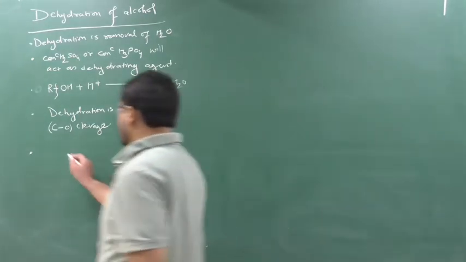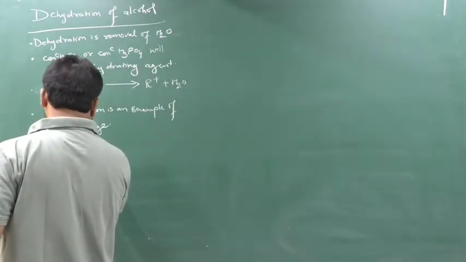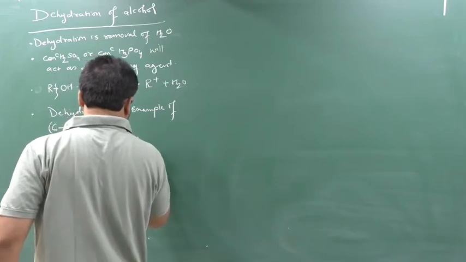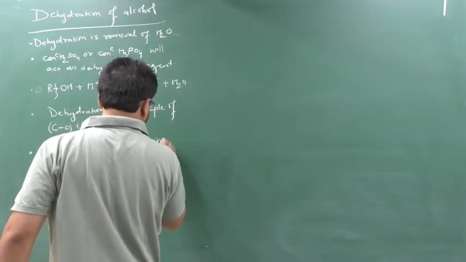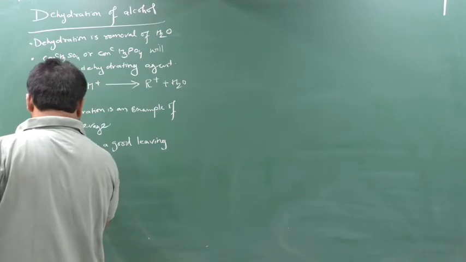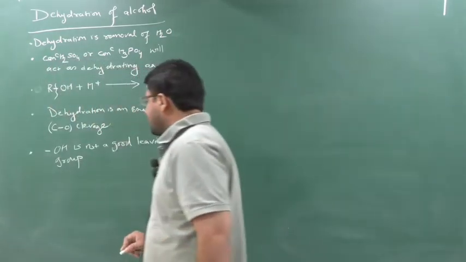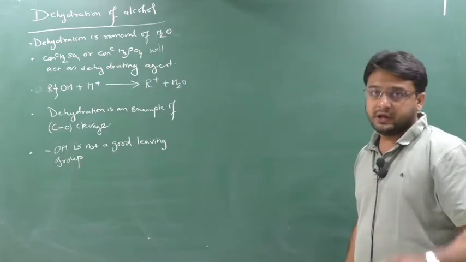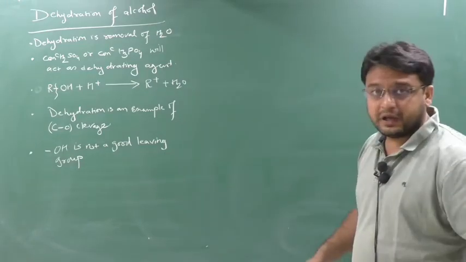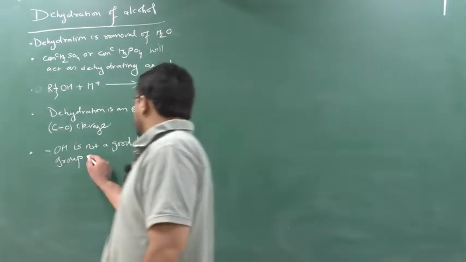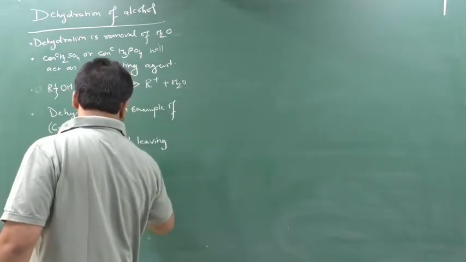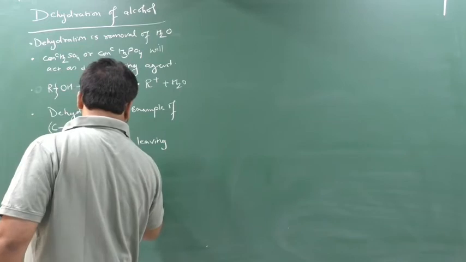Now you know that OH is not a good leaving group. So when OH is not a good leaving group, what are we doing? We are doing protonation. Protonation is compulsory, that's why protonation is done.